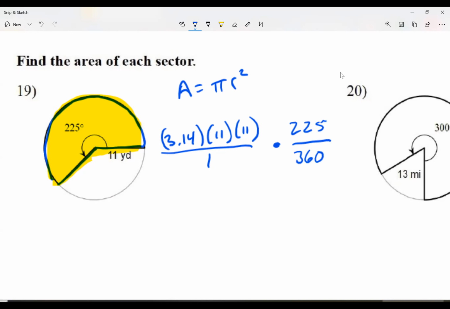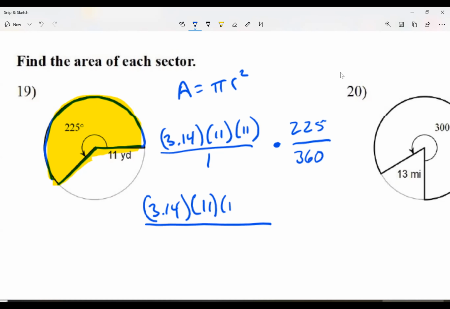All right. So if I was to combine my two fractions, on the top of my fraction, I have 3.14 times 11 times 11 times 225. That's what I have on the top of my fractions. I'm going to combine it into just one. At the bottom, I just have 360, right? Because 1 times 360 is just 360.